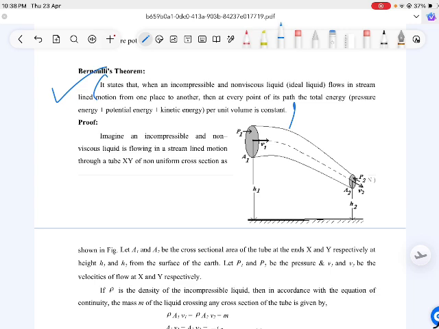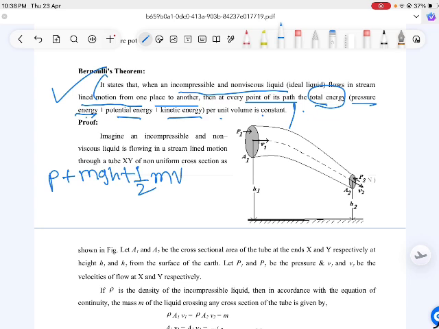When an incompressible and non-viscous liquid flows in a streamlined motion from one place to another, at every point of the path, the total energy, that is the sum of pressure energy, potential energy and kinetic energy per unit volume, is constant. In short, the sum of pressure energy, potential energy and kinetic energy per unit volume is constant for the flow, and that is called Bernoulli's principle.